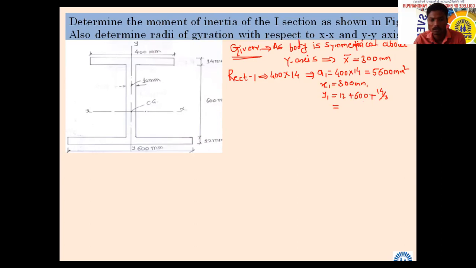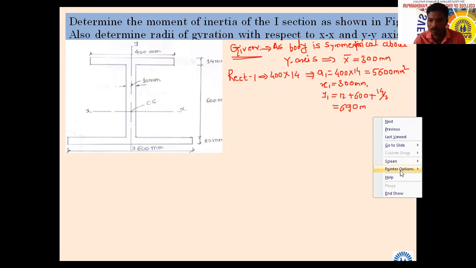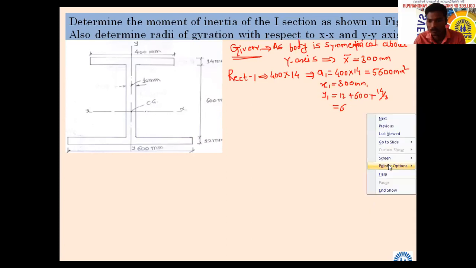Is it correct? Yes, sir, 619. So Y1 is 619 mm. Rectangle 1 is over.